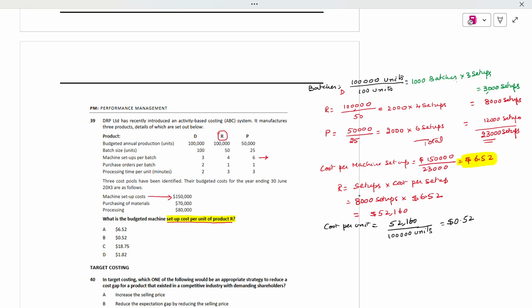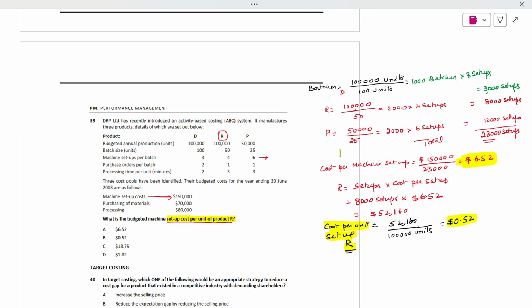Now, in the examination, the moment we get 6.52, being in a big hurry, we will immediately put 6.52. But we have done all the steps. Actually, they are asking cost of setup per unit of R. We should not jump to a conclusion.